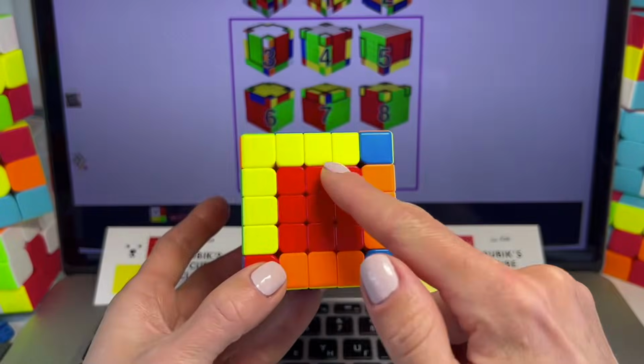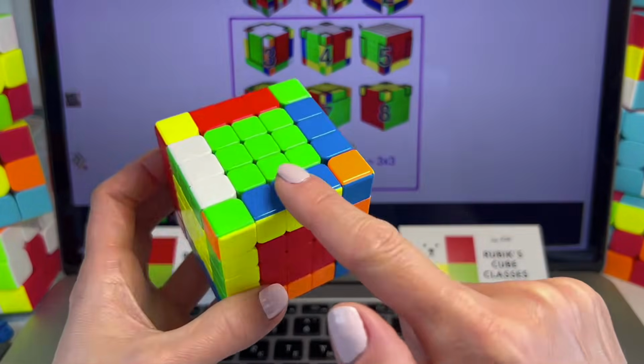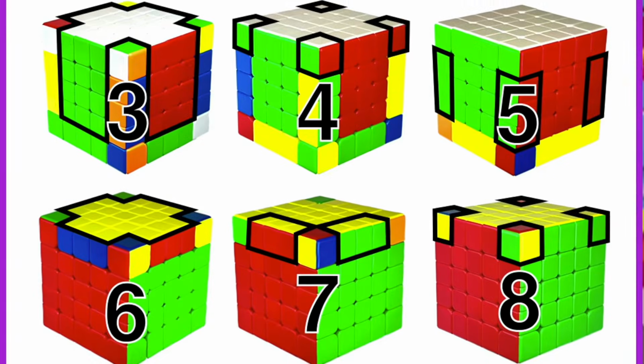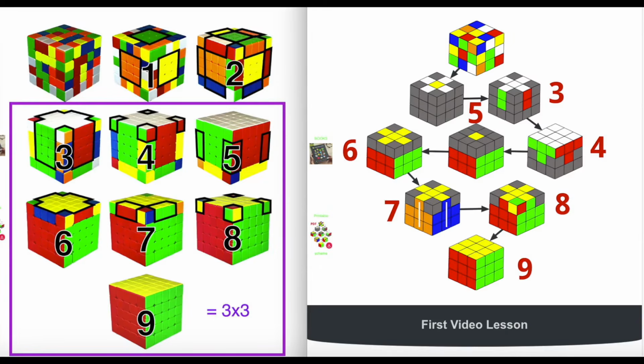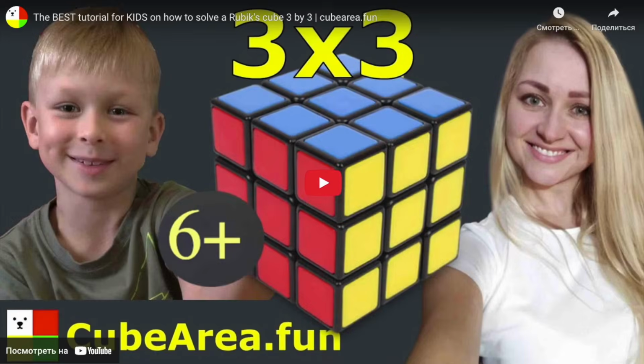After we've assembled all the centerpieces and all the edges, solving this puzzle follows the exact same steps and algorithms as when solving a regular 3x3 Rubik's Cube. I won't go into detail about how to solve the white corners, edges, and so on, because all of that information is explained in great detail in our course, How to Solve a 3x3 Rubik's Cube for Kids.